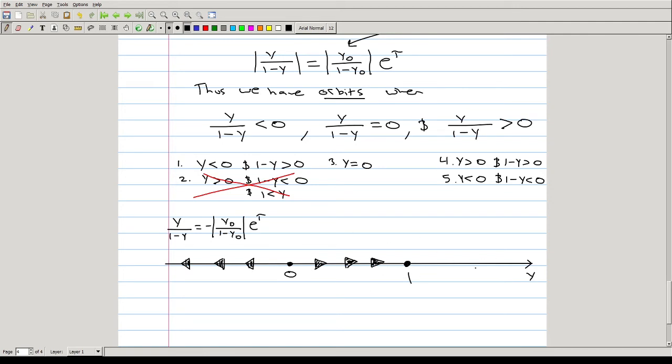And if you continue and look at initial conditions above 1, the solution will decrease down to this value 1 right here.